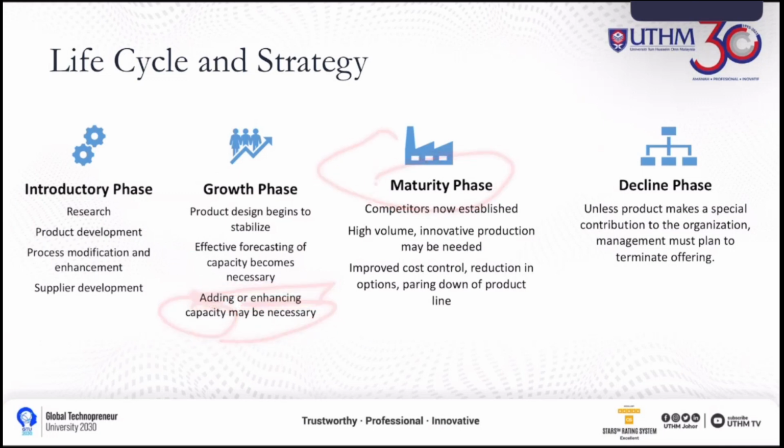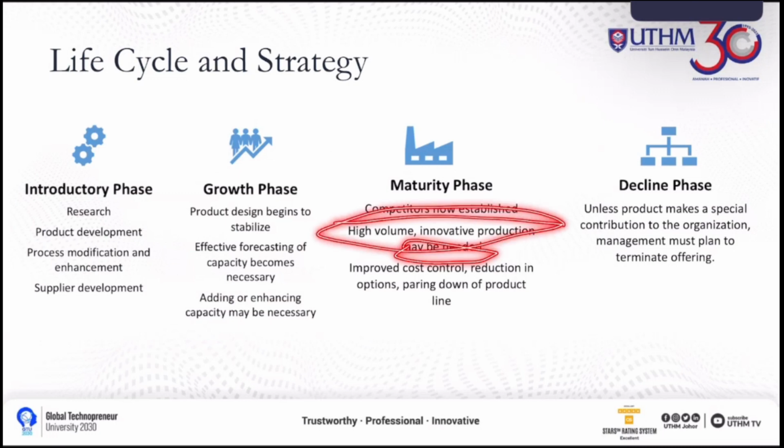So the maturity phase is when your product becomes matured. So in this phase, competitors are now established. You have competitors. So high volume innovative production may be needed here, okay, due to the high demand. Then you need to improve the cost control, reduction in the options, paring down of the production line.